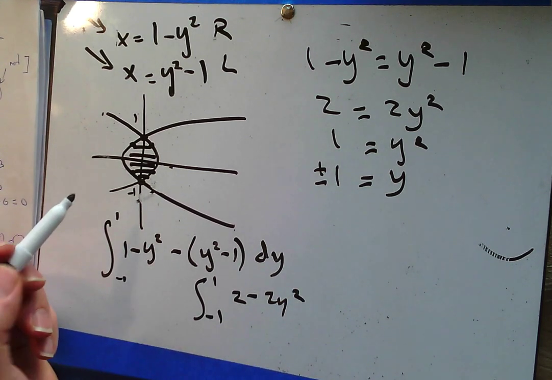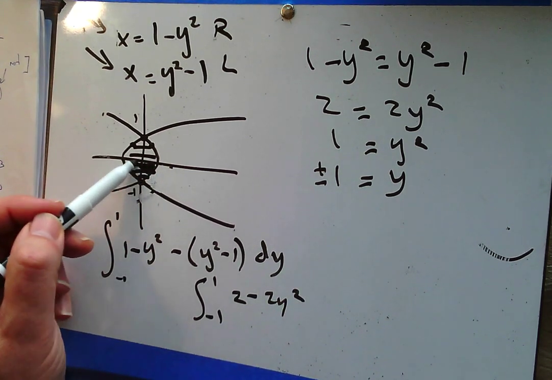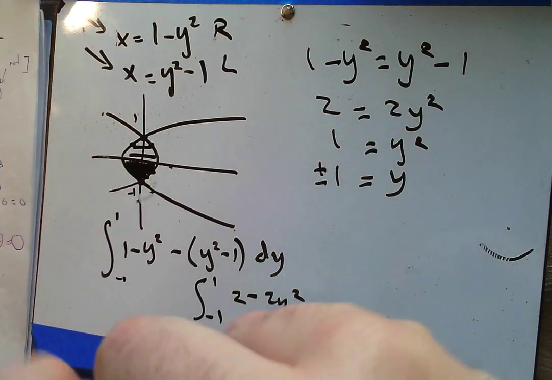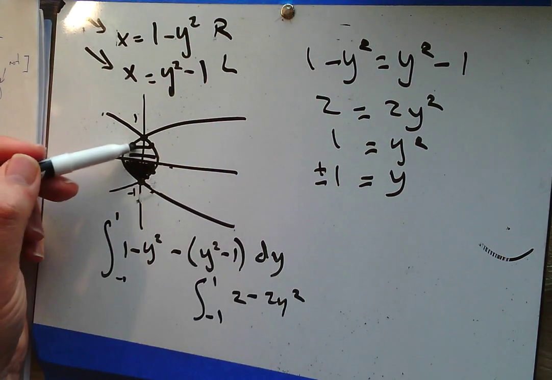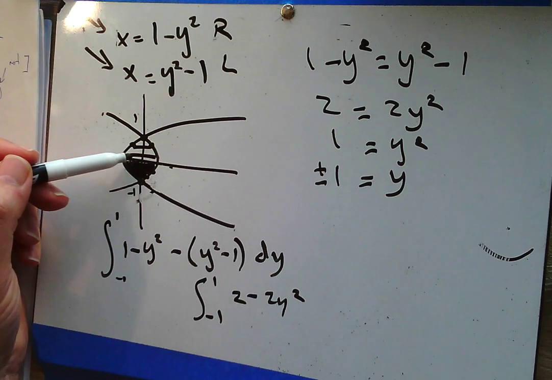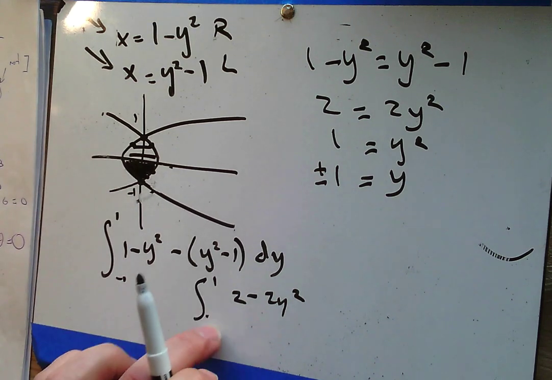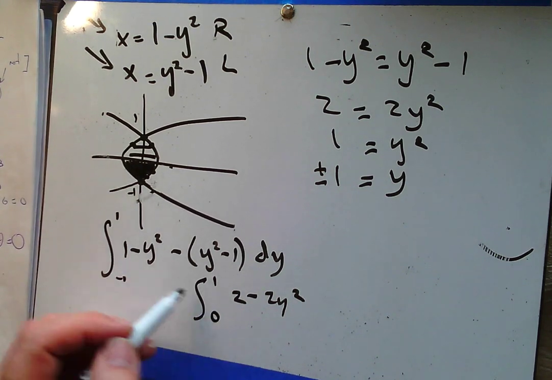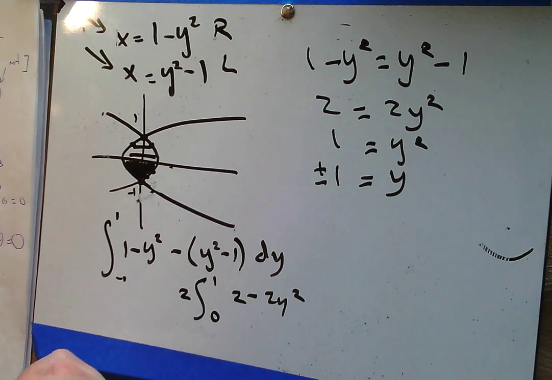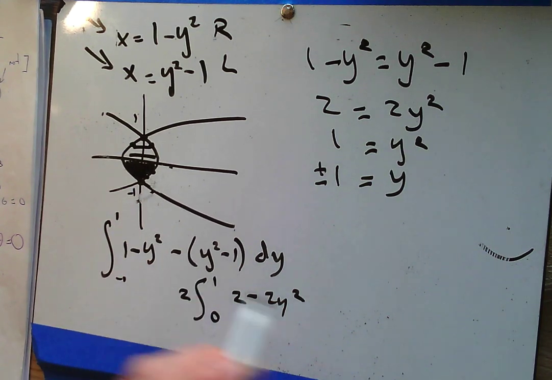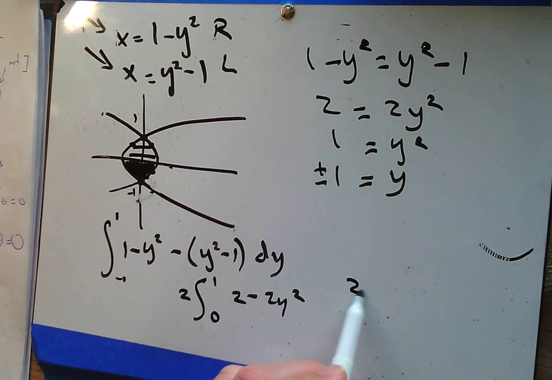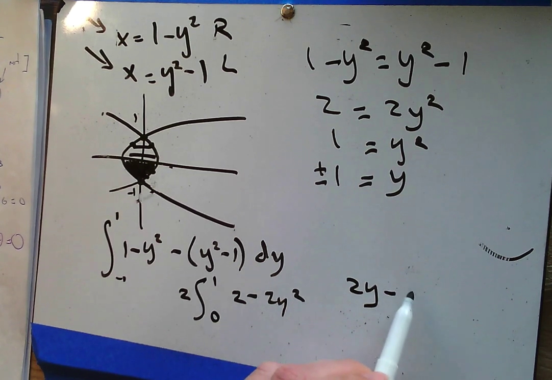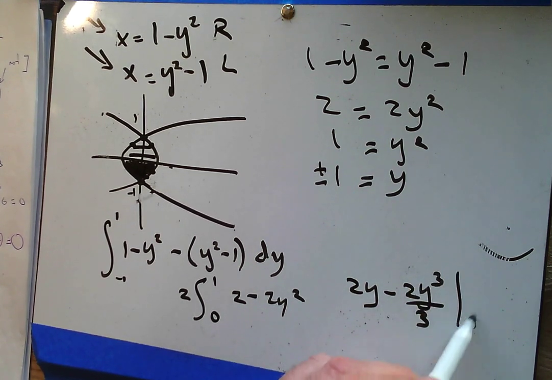What about symmetry? Well, you know, I see that this region down here and the region above the x-axis are the same. So I think I'm only going to do one of them and double that amount. I think that'll be a much better use of my time. Okay? So we're going to have 2y minus 2y to the third over 3 from 0 to 1.